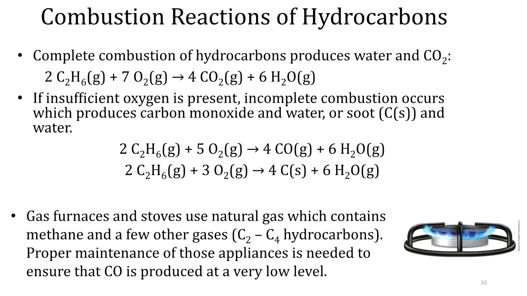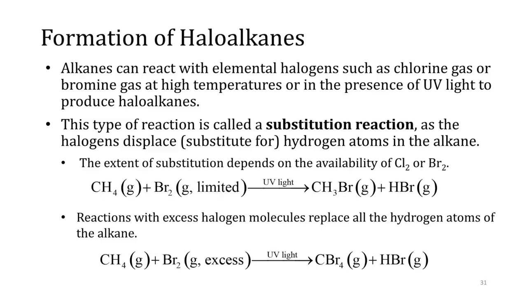Because carbon monoxide, of course, is a toxic material, and you don't want to be around carbon monoxide if at all possible. So combustion is the first reaction. There are 3 different combustion reactions: complete combustion to CO2 and water, or partial combustion to carbon monoxide and water, or carbon and water.